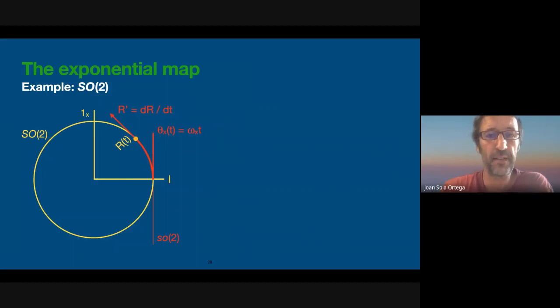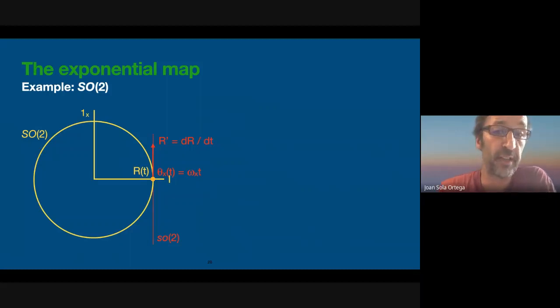All right, so let's see here. I want to play this animation 2 or 3 times. So imagine you have a rotation matrix R in SO2, an object which is rotating at constant rotational speed. So its orientation will be represented by a rotation matrix in SO2 in this case, and the velocity of this rotation will belong to the tangent space in red.